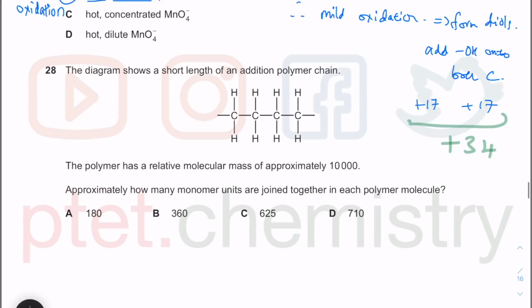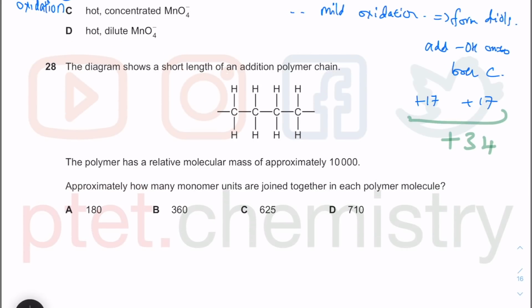Question 28. So this polymer is part of the short chain of an addition polymer, and this is polyethylene, I guess. This looks like it's a repeat unit there and there. So we have a relative molecular mass of around 10,000. You can see each repeat unit is CH2 like that.